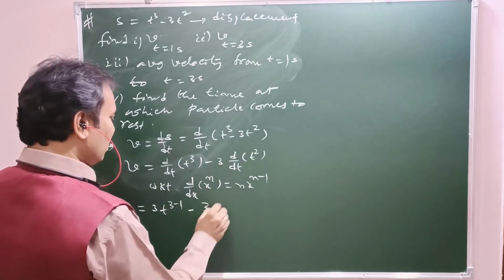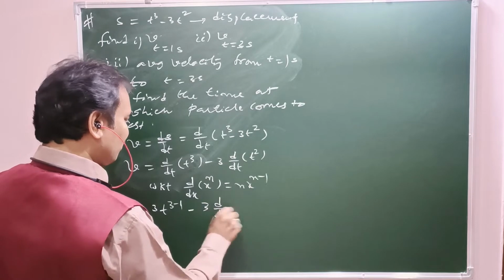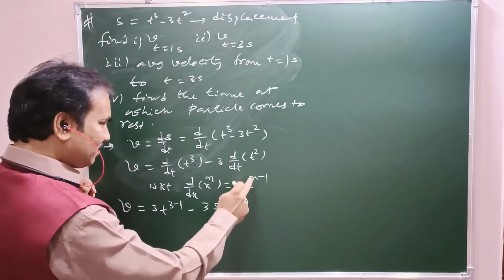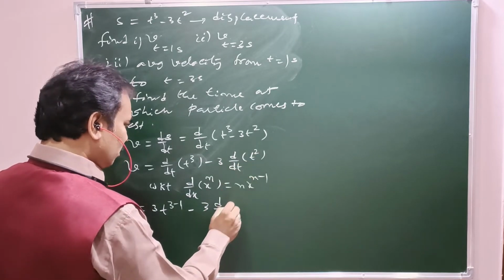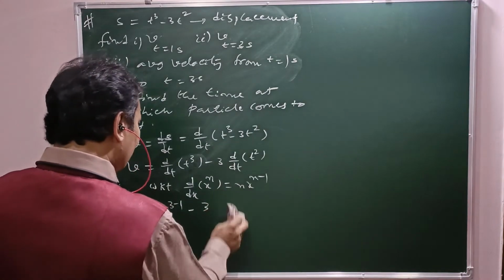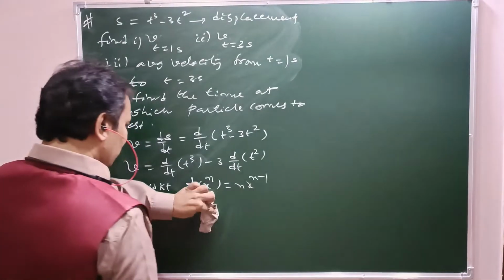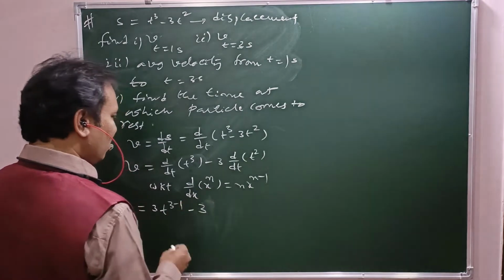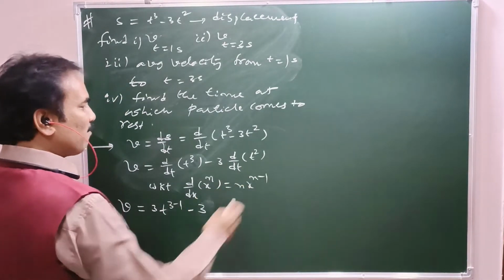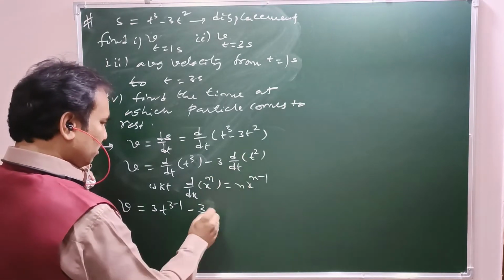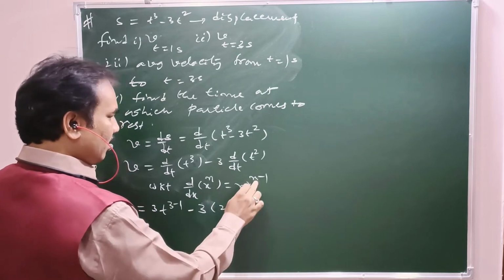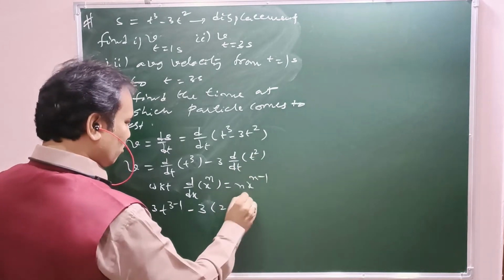Minus 3 into d by dt of t square. So here n into x power n minus 1, where n means 2. So 2 into t power n minus 1, that is 2 minus 1.